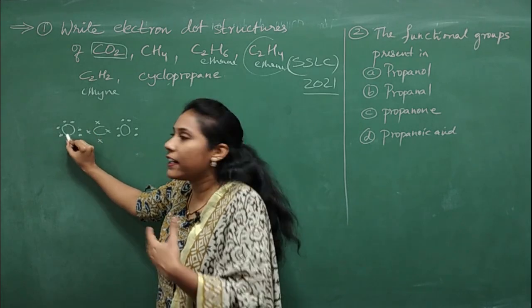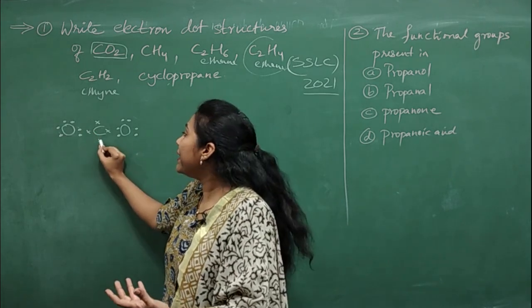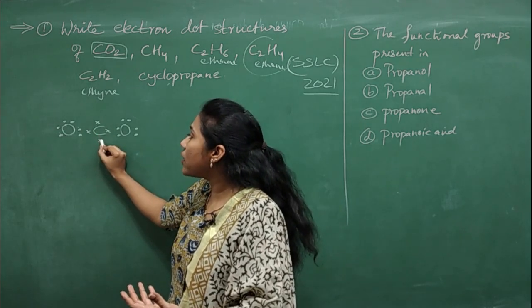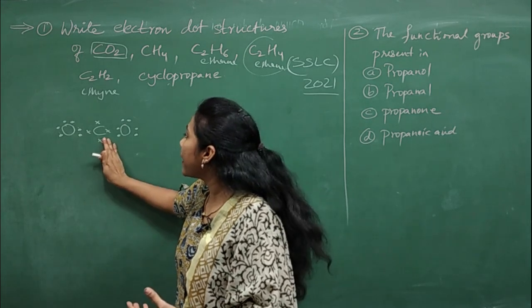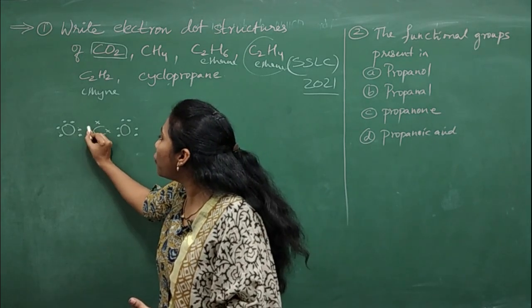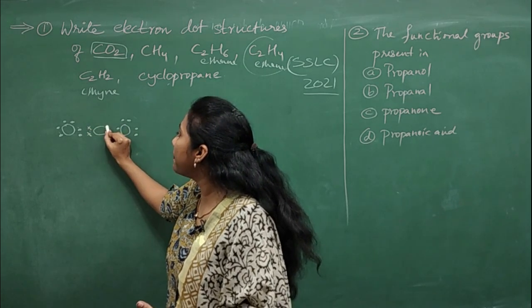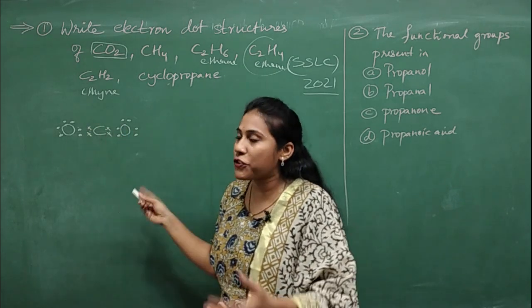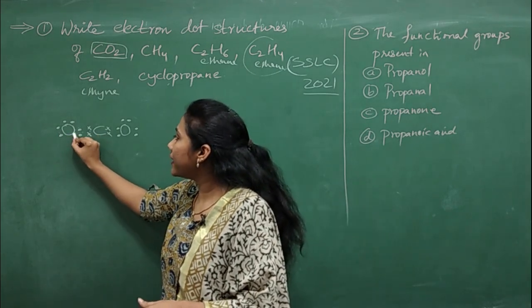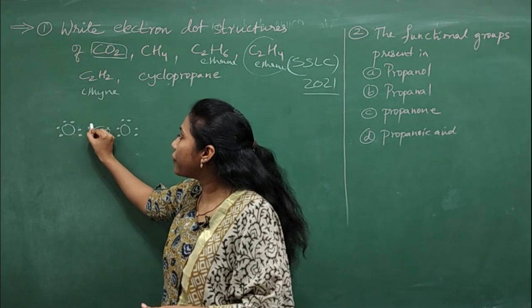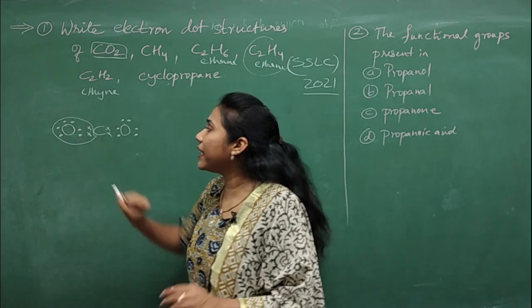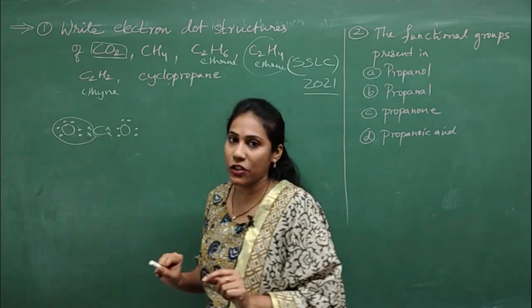Already it has 6 electrons of its own, and now it will take 2 more electrons from carbon, isn't it? So let me put these 4 electrons like this. Here I'll put 2 crosses and here I'll put 2 crosses. This is the convenient way of showing. So 6 electrons are already there on oxygen, 2 more it will take from carbon. So together you are putting one circle on oxygen.